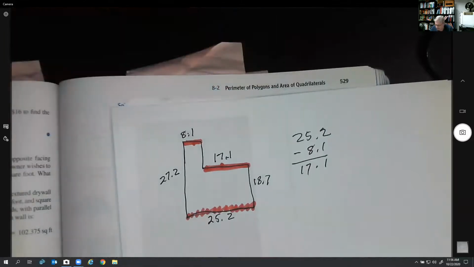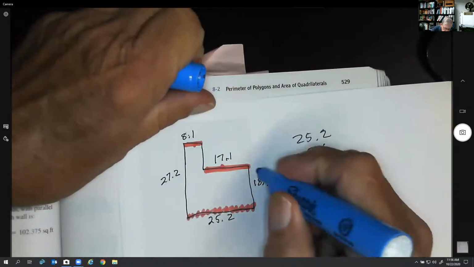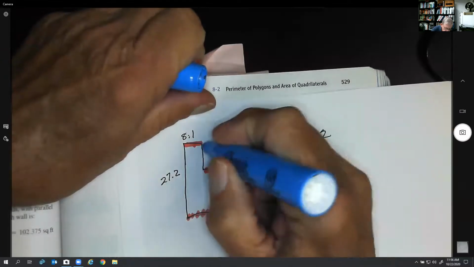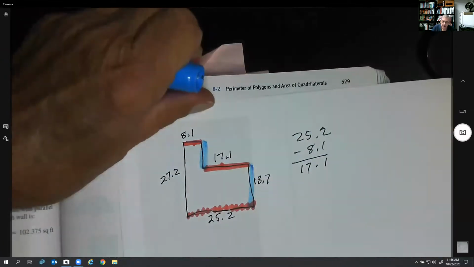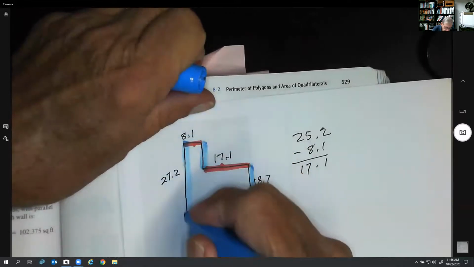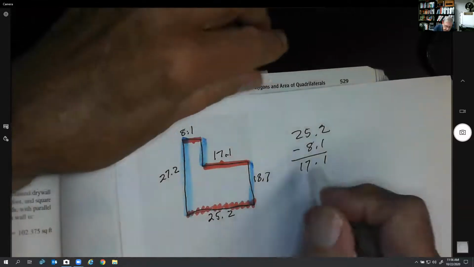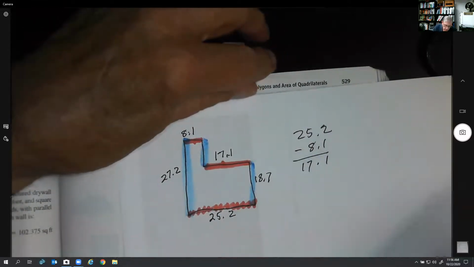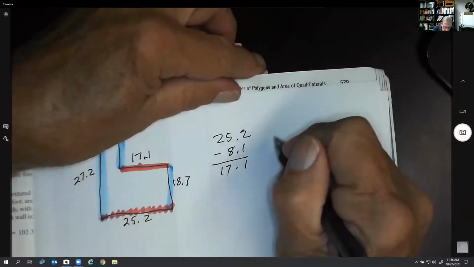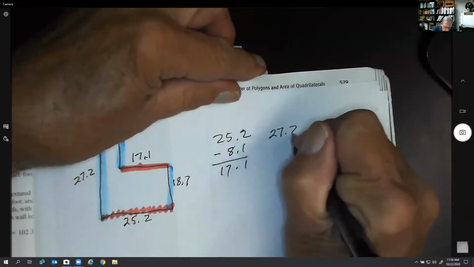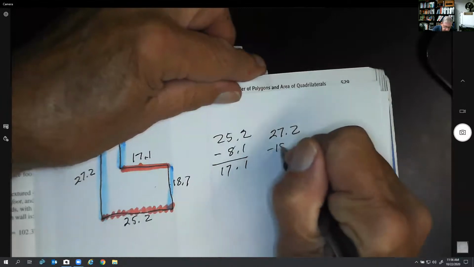And what about here? Say I want to find those two dimensions. This side and this side are going to add up to this side right here. We're going to do the same thing. 27.2 minus 18.7.